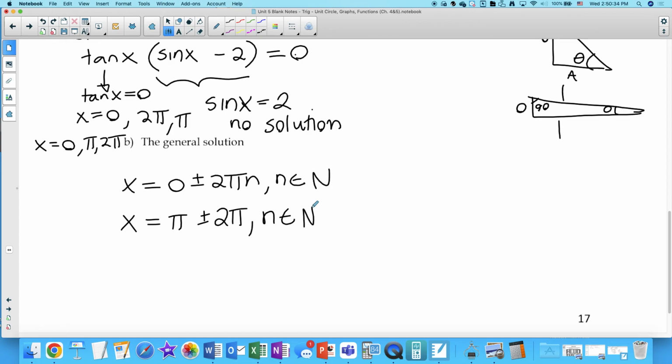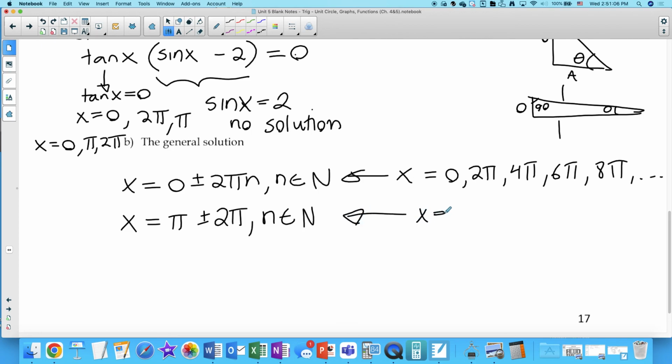So we're doing two pieces, domain and then general. Okay, so think about this one. This is 0, 2 pi, 4 pi, 6 pi, 8 pi, etc., right? This guy is pi, 3 pi, 5 pi, 7 pi, etc. Can you put those together? Okay. So what would the solution be? 0 plus or minus pi n.